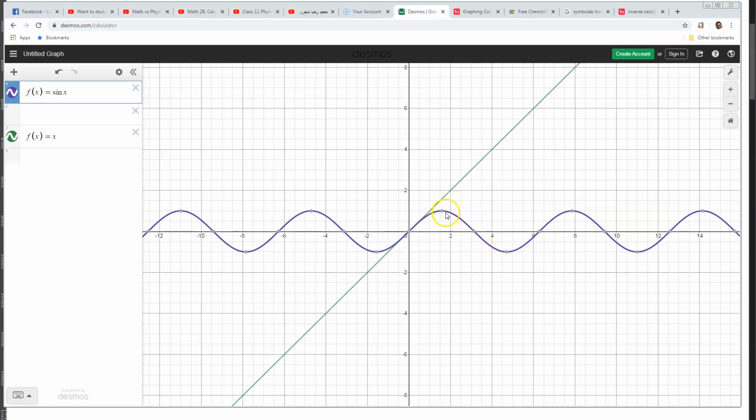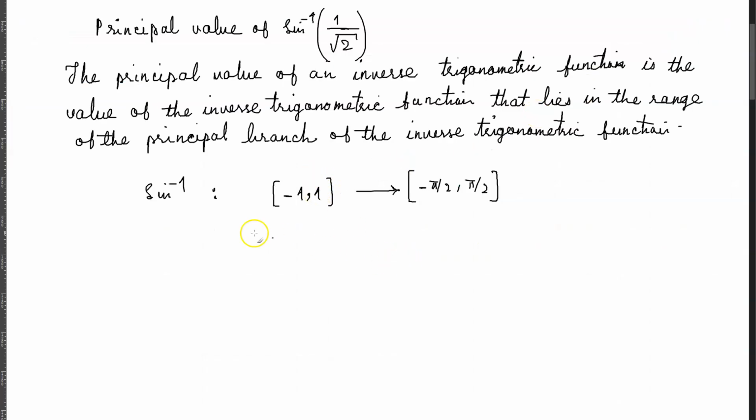In this interval, the function is still 1-1 and onto. So pi by 2 to 3 pi by 2 is the domain of the function, and here becomes the range of the function, pi by 2 to 3 pi by 2. And then again the range would be the same thing.